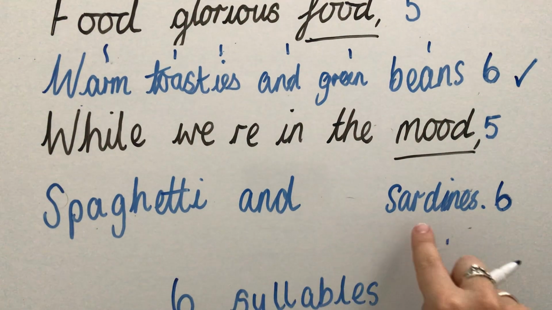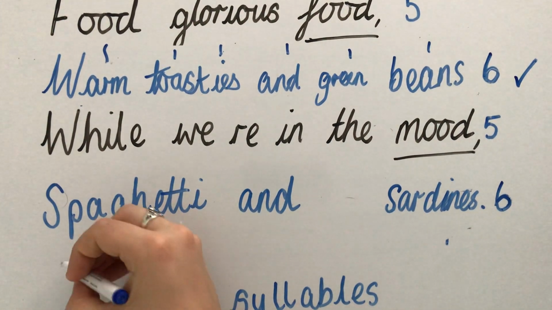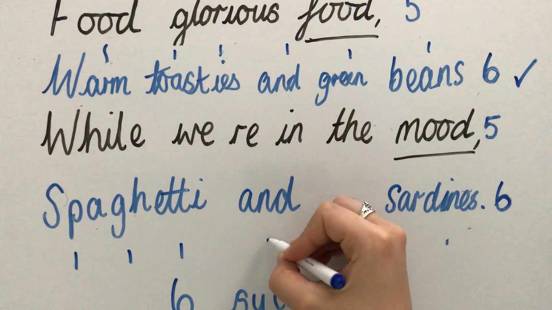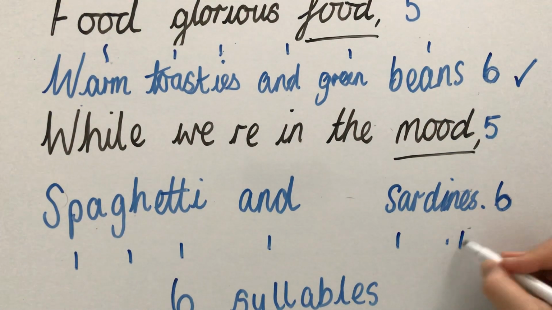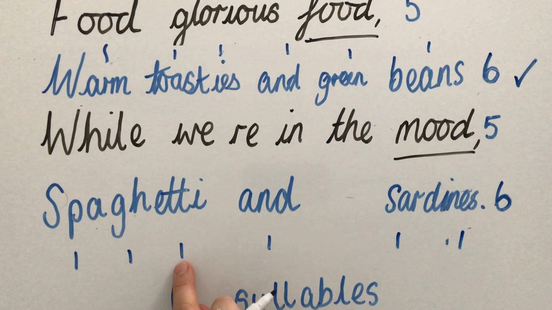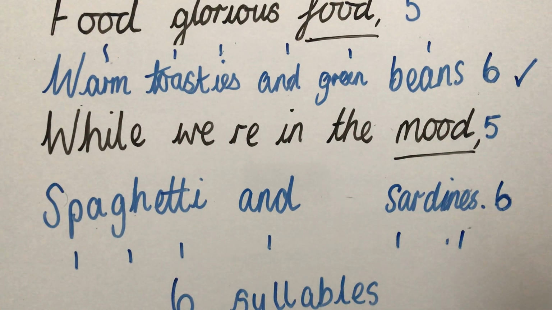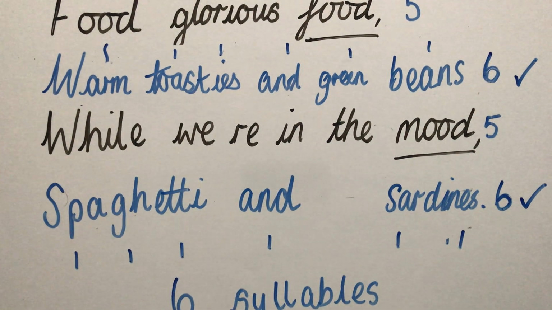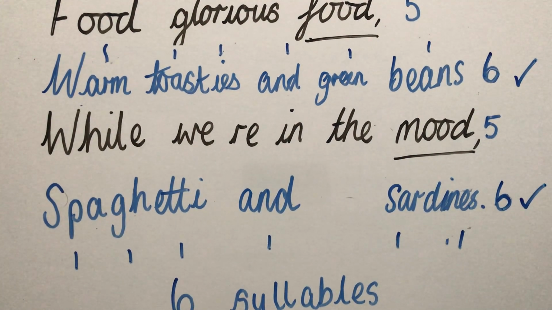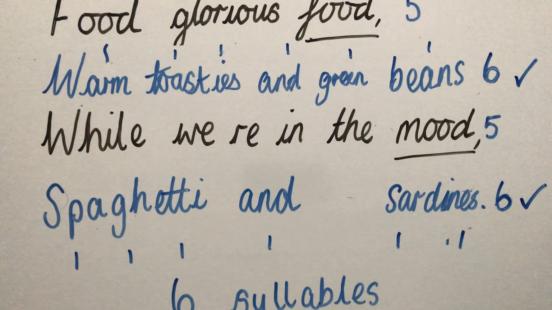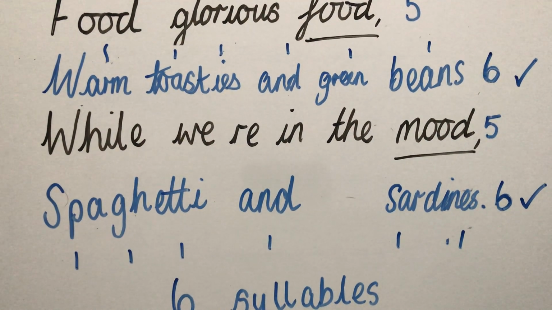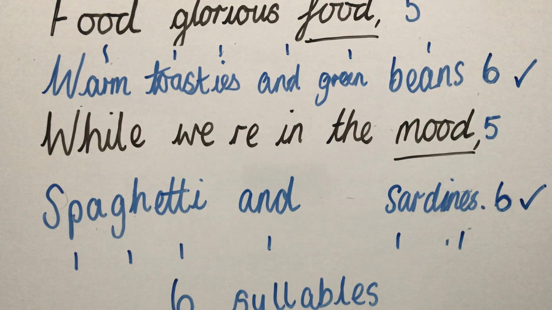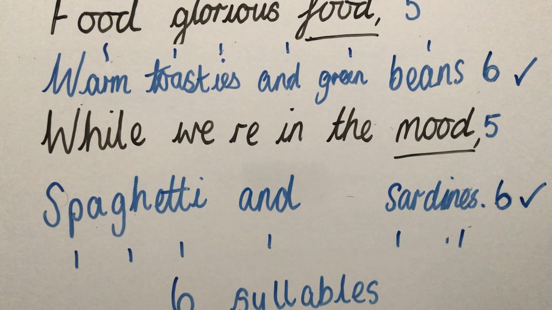Spaghetti and sardines. 1, 2, 3, 4, 5, 6. So we've got 6 on here as well. Let's read it out all together. Food, glorious food. Warm toasties and green beans. While we're in the mood, spaghetti and sardines. Brilliant, they fit.